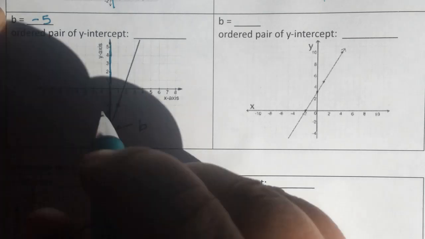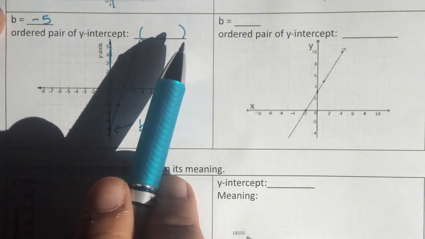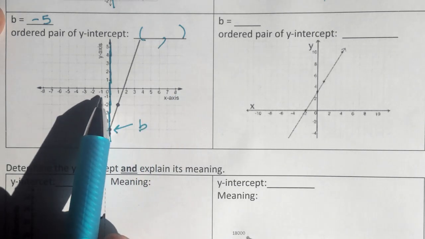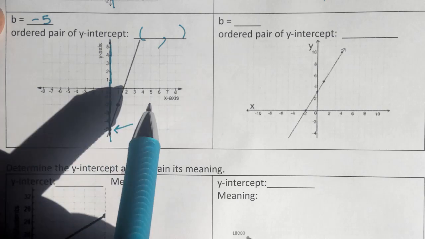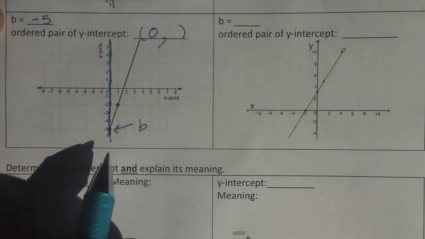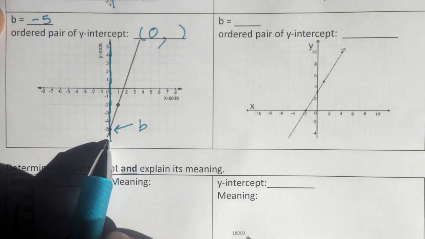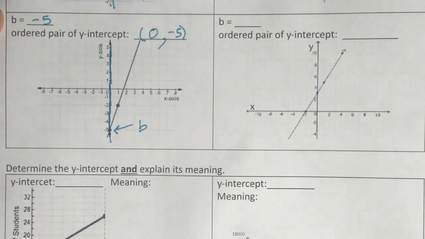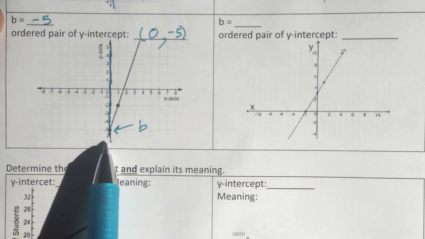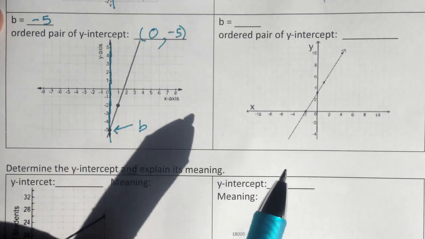And the ordered pair for that would be: got my ordered pair parentheses and then a comma. The x value, the side-to-side number, is 0. And the up and down number is -5. So the ordered pair for that y-intercept is 0, -5.